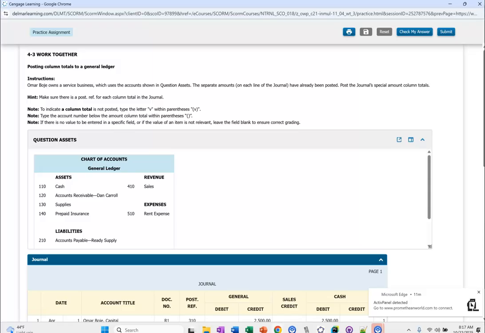Type the account number below the amount column total within parentheses. And if there's no value to be entered in a specific field, or the value of an item is not relevant, leave the field blank to ensure correct grading. Where is this located? This is 4.3 Work Together. If you go under the 4.3 folder, you should see the Work Together. Oh, there it is.